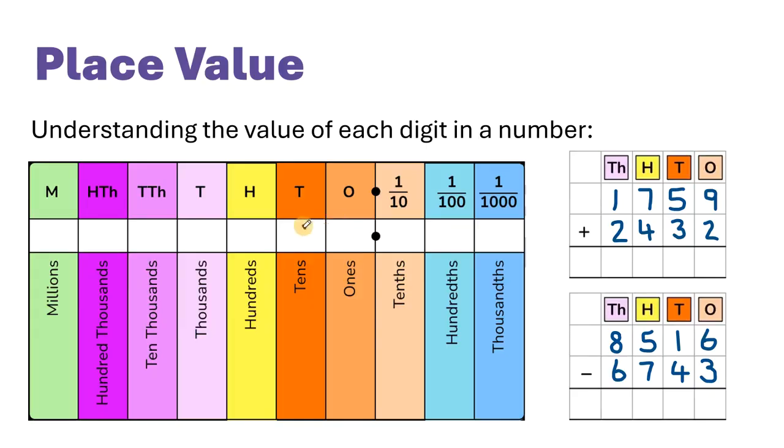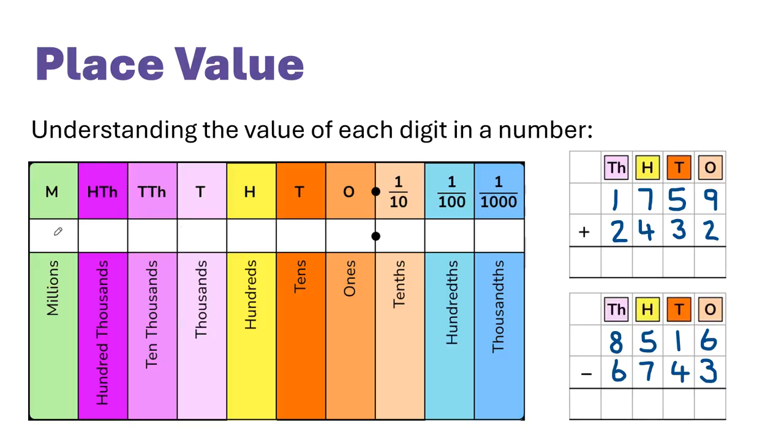If I had 9 tens and 0 ones, that's obviously 90. But if I had 9 tens and 9 ones, I have 99. Any more than that, it's going to jump across to my hundreds column, and so on and so forth. So you can see that we can't ever have more than a number 9 in any of our columns.